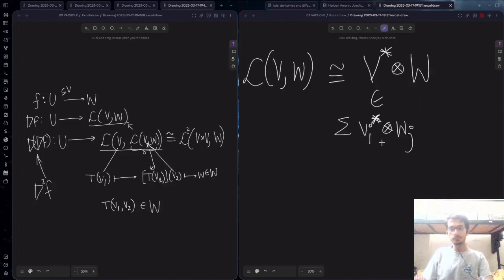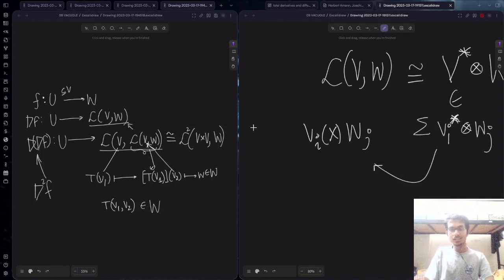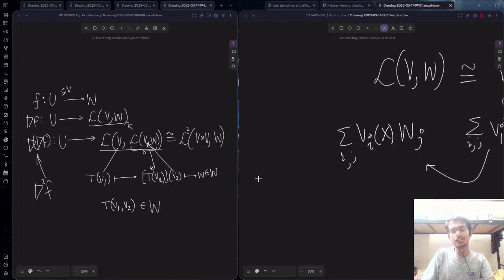The linear transformation that it would represent is Vi star tensor Wj, which takes some element x from V to Vi star of x times Wj.